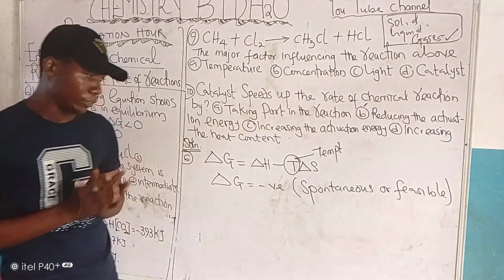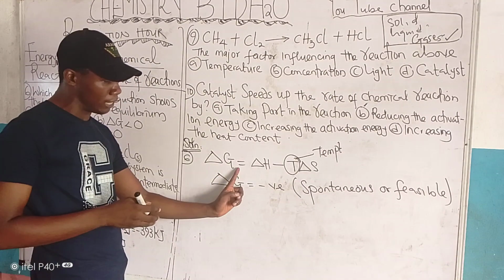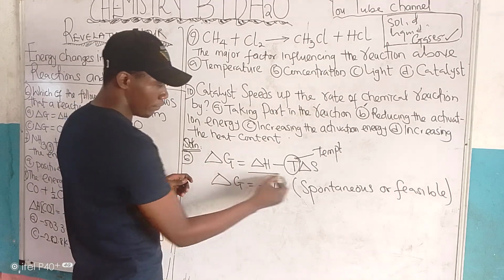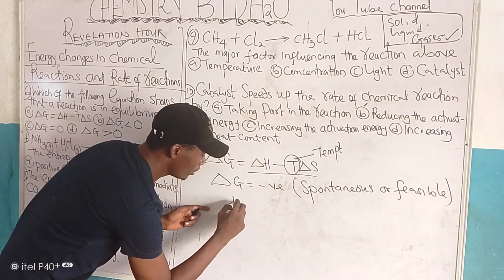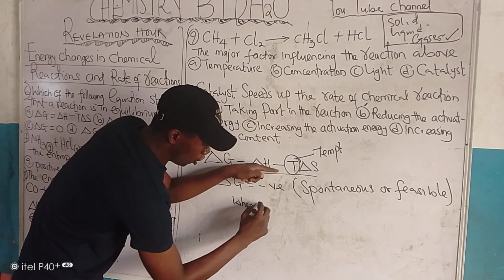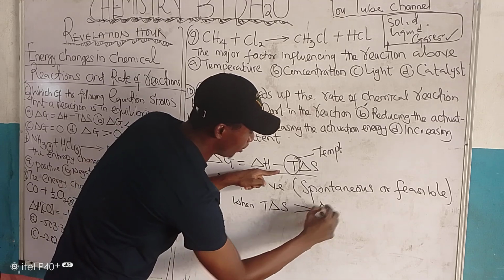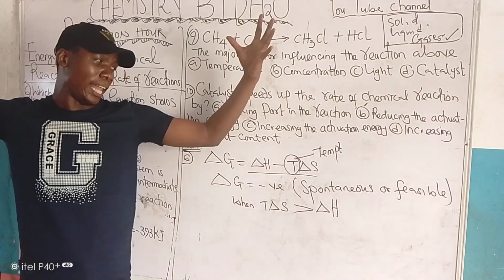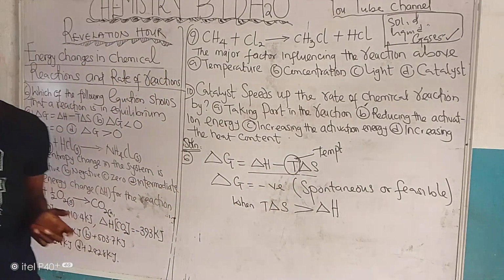And what will make your Gibbs free energy negative? If this is the formula, how can it become negative by combining these two variables? That will happen when your temperature times the change in entropy is greater than your enthalpy change. Because if this number is big and the other is a small number, you have a negative value, isn't it?